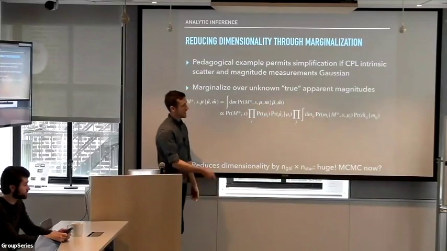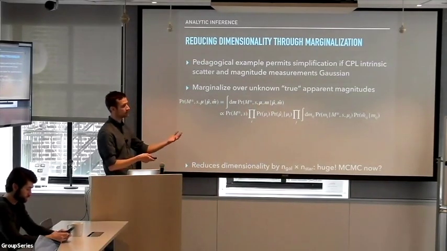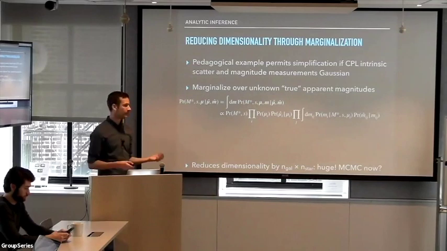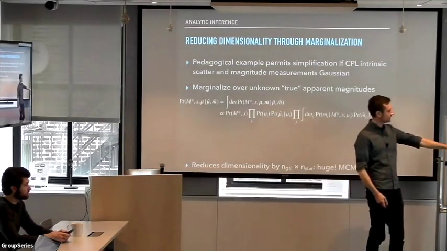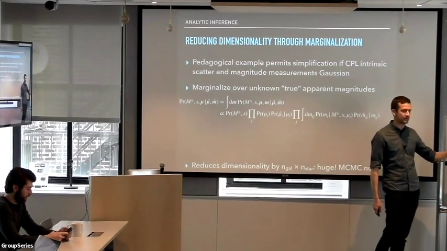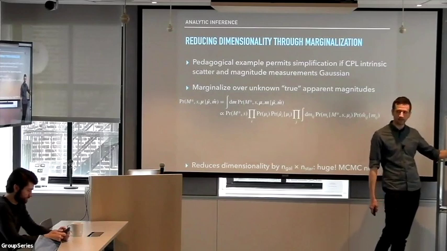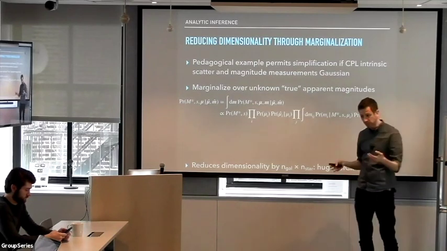Now imagine we don't care about the intrinsic magnitudes of the stars, so we want to marginalize over them. We would want to do that because, recall, this thing has dimensionality 12 plus n galaxies times n stars. If you want to use MCMC, as you learned a couple of weeks ago, you want to reduce the number of your parameters as much as possible.